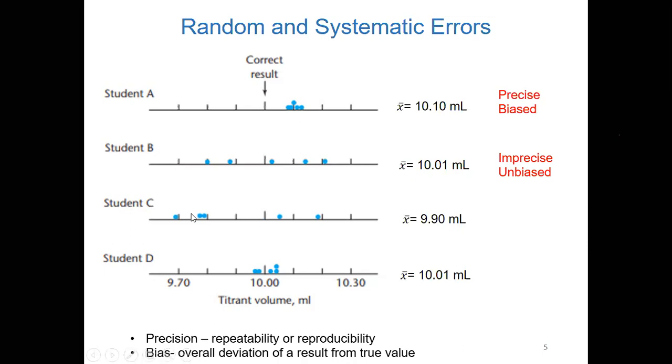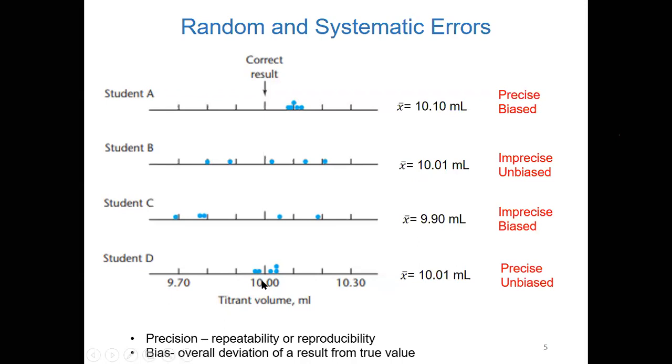If we talk about student C, his values are also all over the place, and the mean is 9.9. The difference is huge, and the result is both imprecise as well as biased. And student D's result is highly precise.